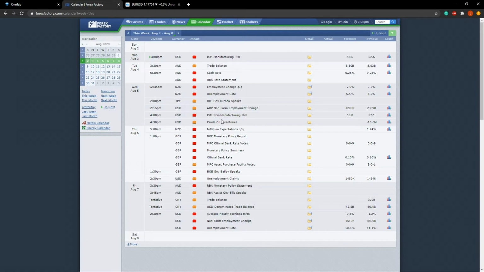We have non-manufacturing PMIs. We also have on Friday hourly earnings, and also non-farm employment changes again, and unemployment rate on Friday. So all high impact events, and some GBP events as well for the GBPUSD.